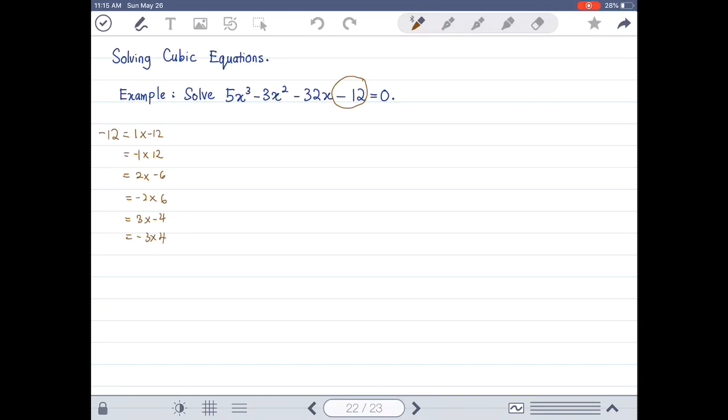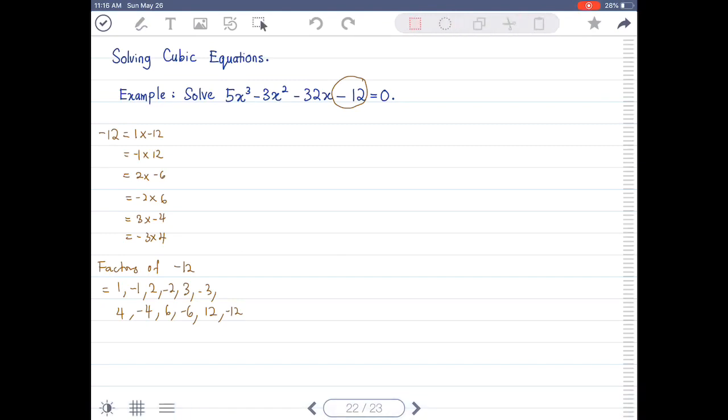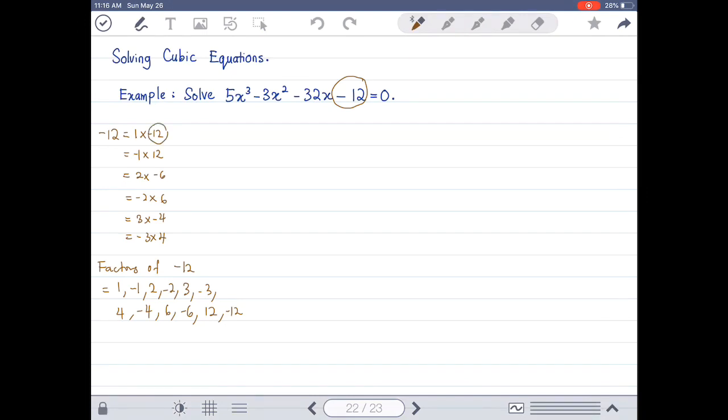I think those are all the possible integer combinations. Hence we can have factors of negative 12: 1, negative 1, 2, negative 2, 3, negative 3, 4, negative 4, 6, negative 6, and 12, negative 12. These are all the factors of negative 12.